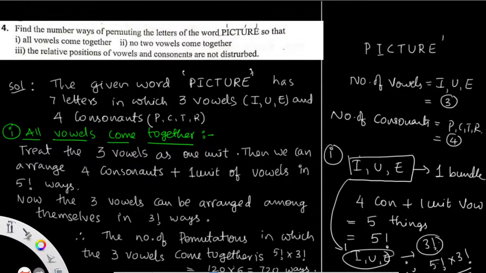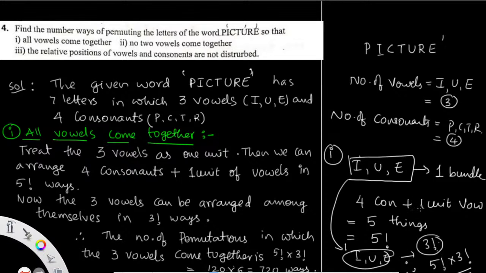Therefore the total number of permutations in which all vowels come together is 120 times 6, which is 720 ways. We write all this explanation in this way.